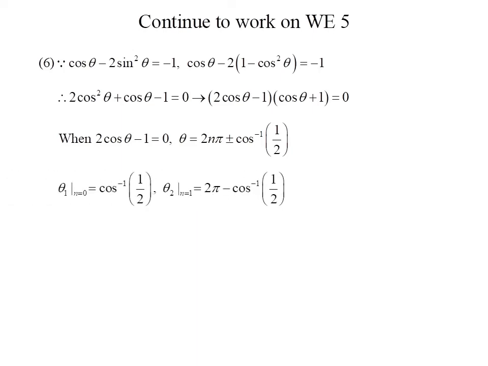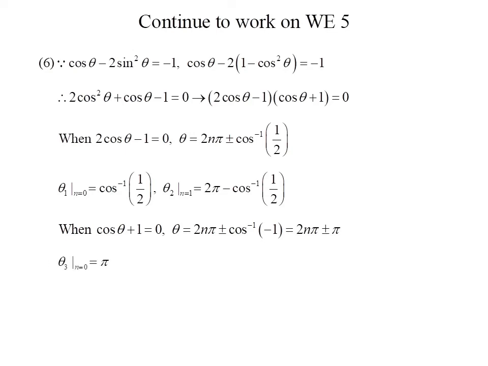When 2 cosine theta minus 1 equals 0, theta equals 2n pi plus or minus arc cosine 1 over 2. So theta equals arc cosine 1 over 2 when n is 0. Theta equals 2 pi minus arc cosine 1 over 2 when n is 1.